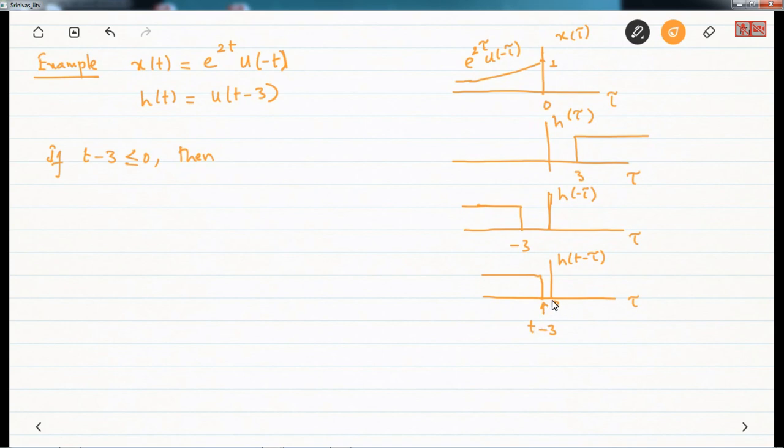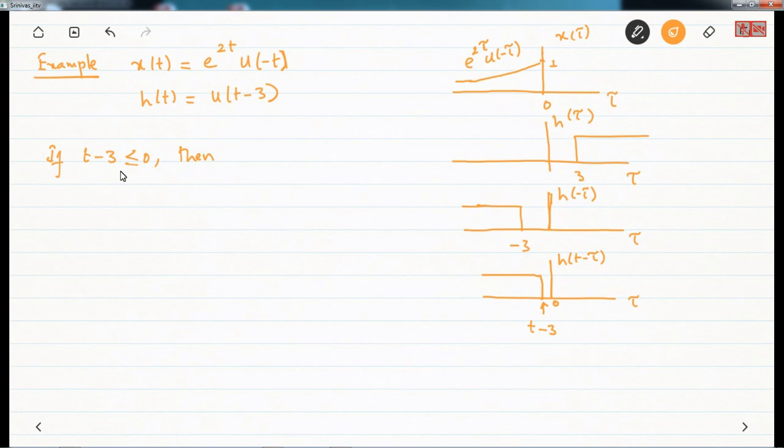If t minus 3 is less than or equal to 0, so for example, if t minus 3 equals 0, the signal will be from 0 to minus infinity, and that we need to multiply with this.